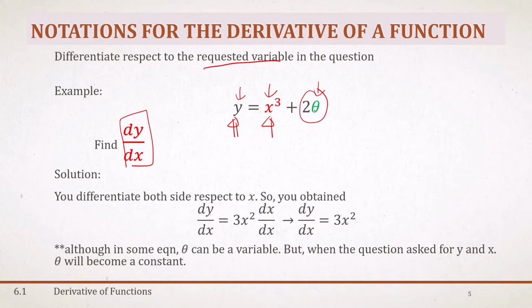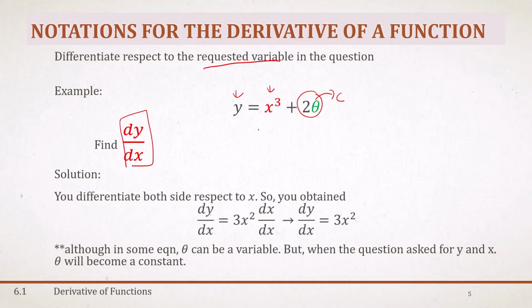So how are we going to differentiate? This is the equal sign. My left hand side is y, and my right hand side has my x, and theta is temporarily my constant.